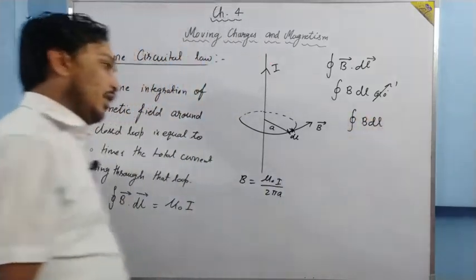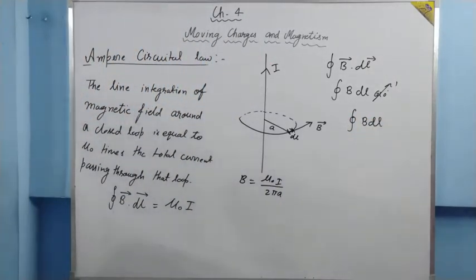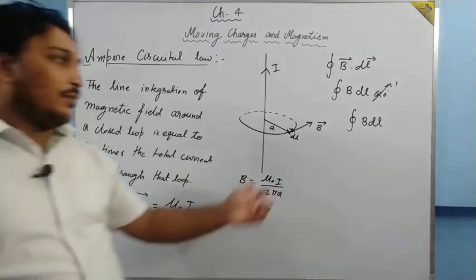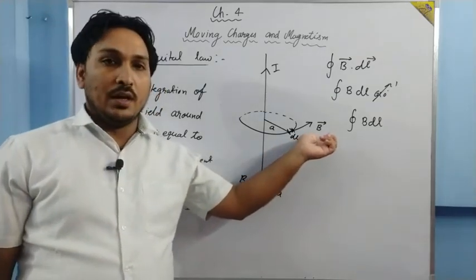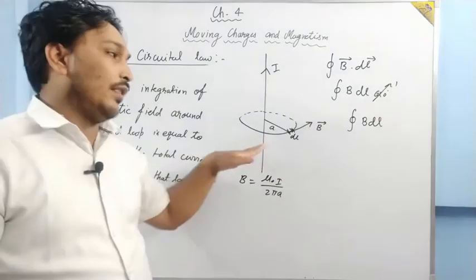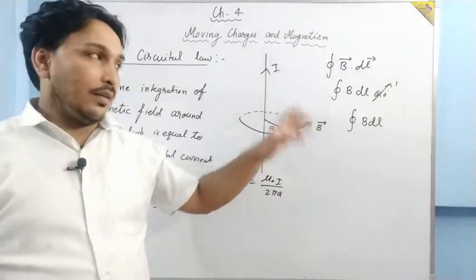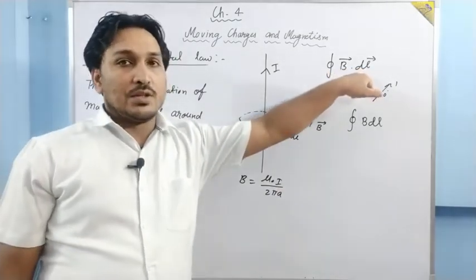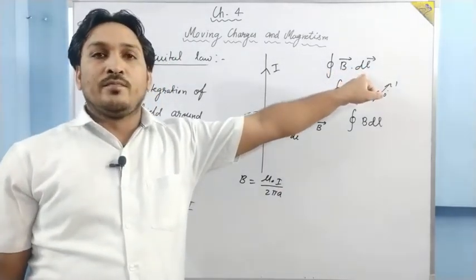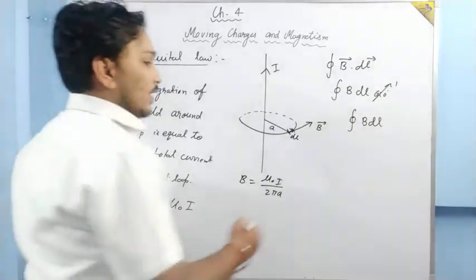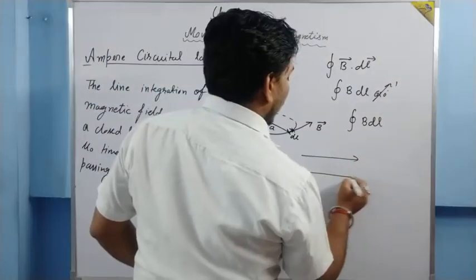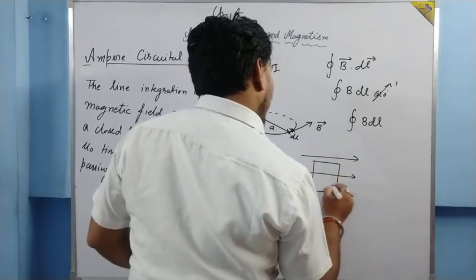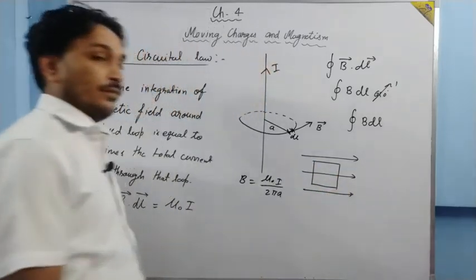This is the meaning of line integration of magnetic field. We take magnetic field at a point, we take the direction of length at that point, and then we take the dot product of magnetic field and the small length element at that point. Suppose a magnetic field is acting in this direction, and a closed loop is there in this way.